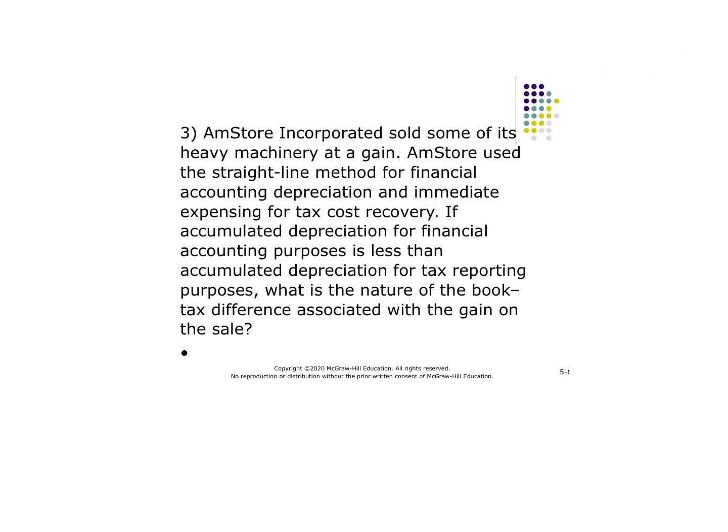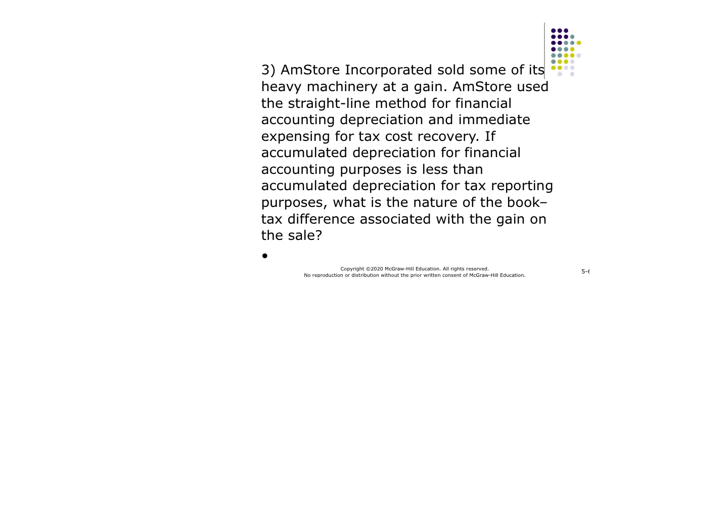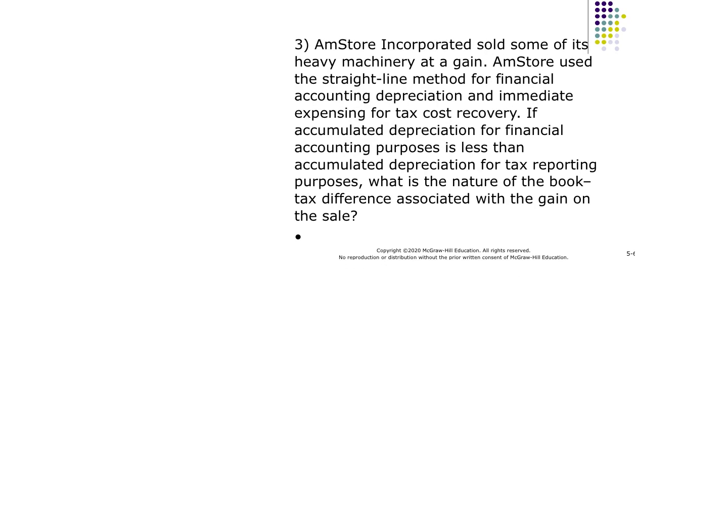Okay, so I'm going to have to make this one a little bit smaller, and evidently the options got cut out here, but we can still work through it. Amstor Incorporated sold some of its heavy machinery at a gain, and it used the straight line method for financial accounting depreciation and immediate expensing for tax cost recovery.